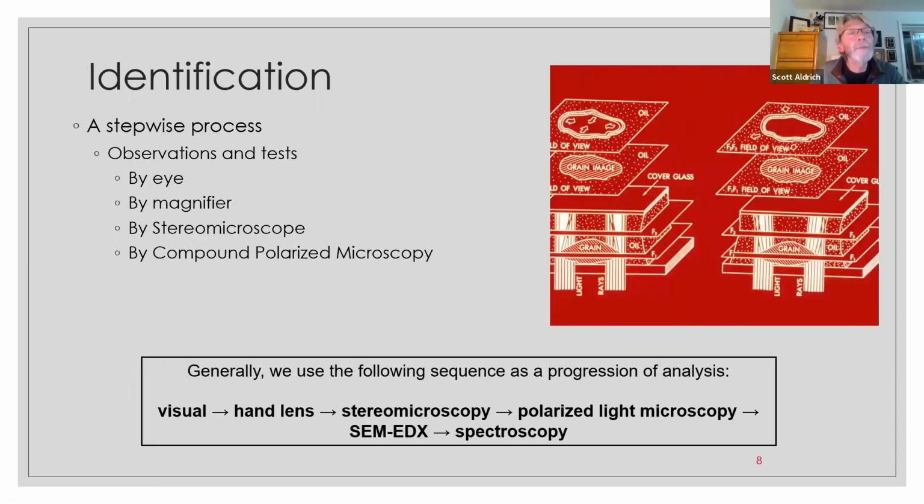So how do we go about identifying things? For us, it's a stepwise process. We come from the outside and go to the inside. We start low and go high. A lot of folks we find in the industry, I found this in my later years of running the analytical lab, is that people wanted to go immediately to the best instrument we had.